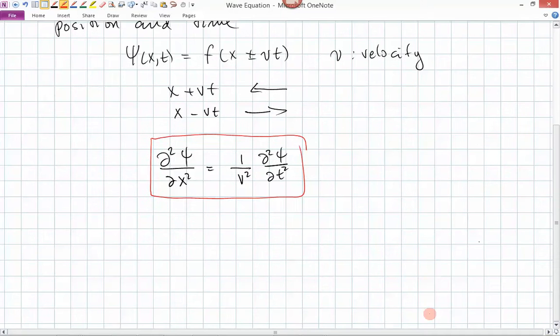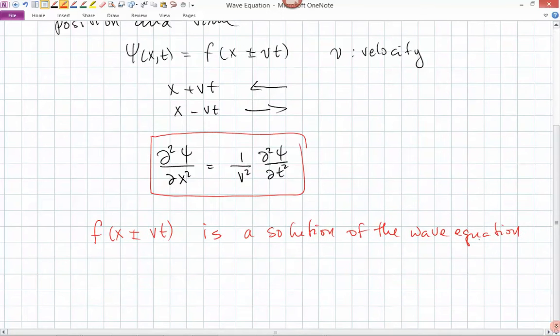What we want to do now is prove that a function f of x plus or minus vt is a solution of the wave equation.